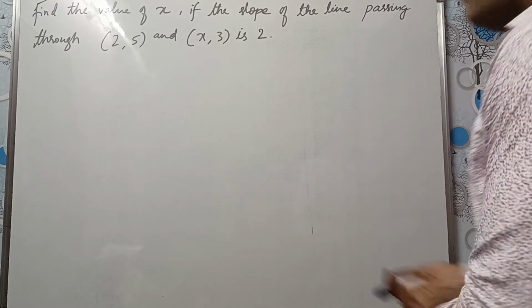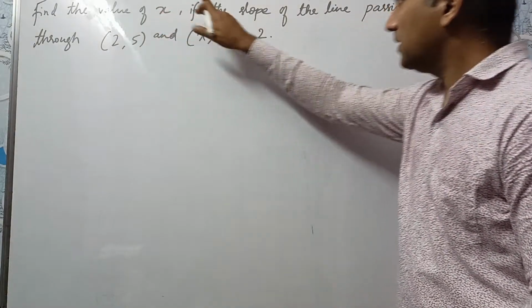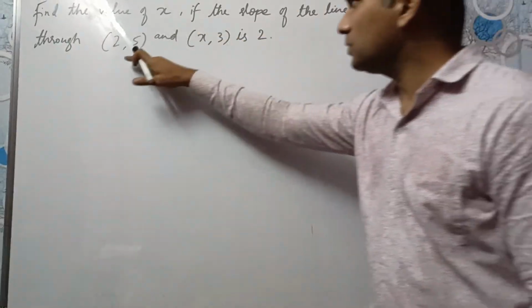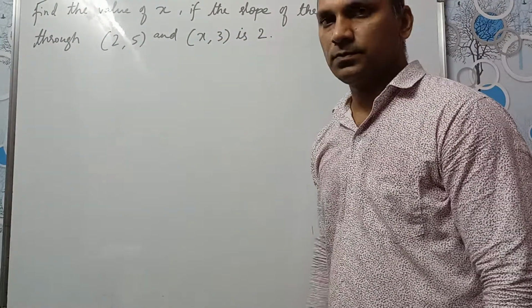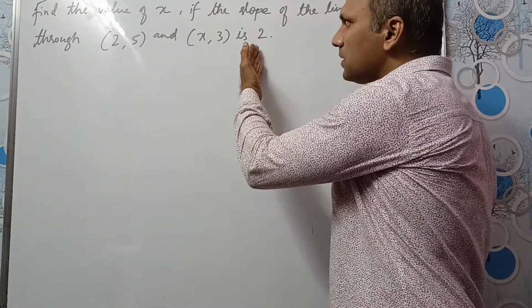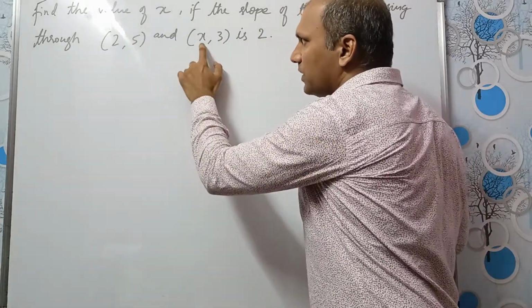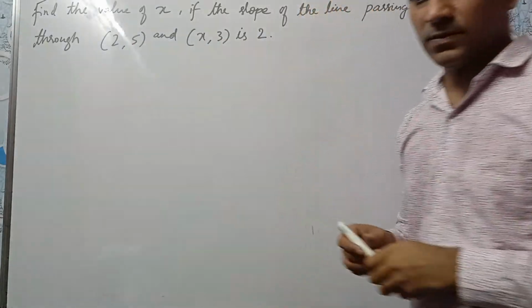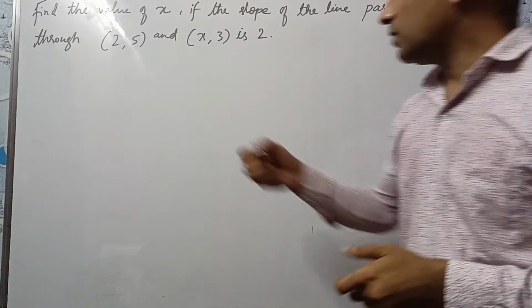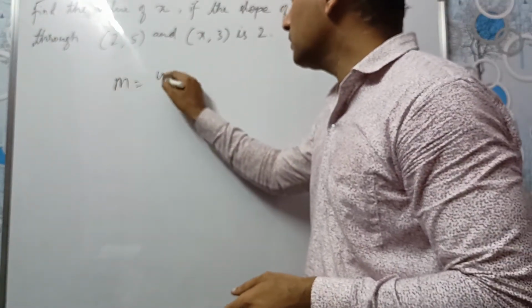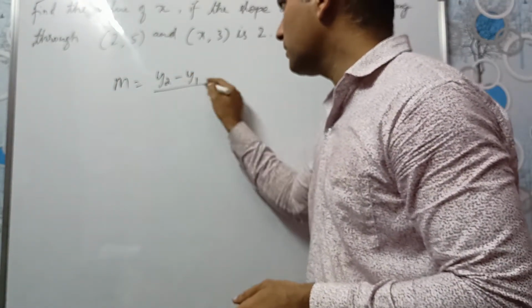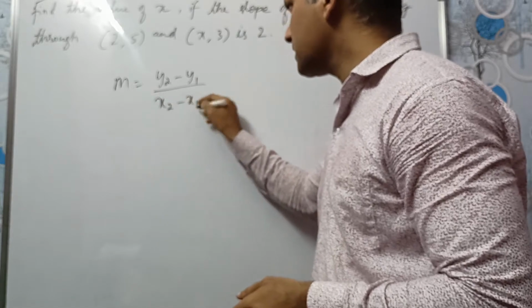Find the value of x if the slope of the line passing through these 2 points is 2. Slope is given to us, 2 points are given, we should find the value of x. What was the formula? M is equal to y2 minus y1 divided by x2 minus x1.